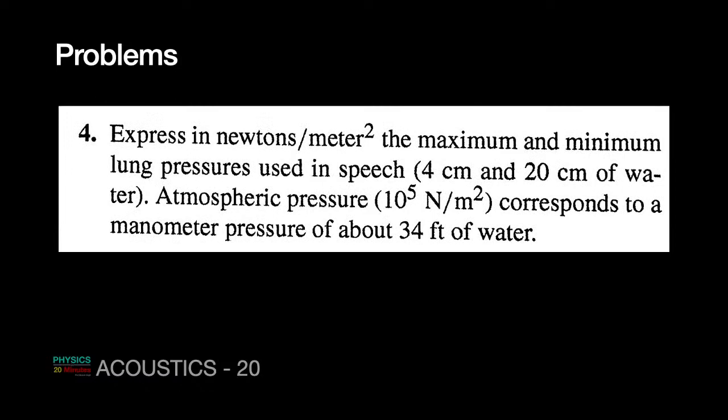Express this in Newton per meter square. Maximum and minimum lung pressure: 4 centimeters and 20 centimeters of water. So, lung pressure experiment. I remember one student did a beautiful experiment in the college lab, where they asked us to blow into a U-tube which was filled with water.